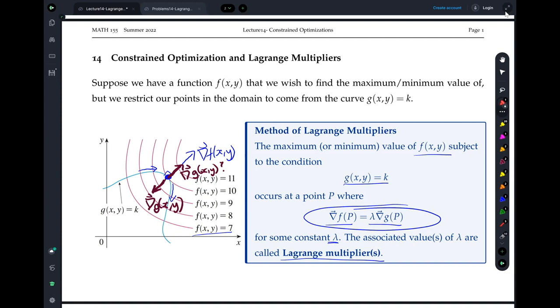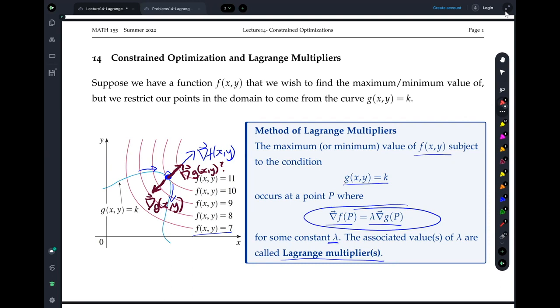In other words, this is just because your constraint curve is tangent to your level curves, and we know that our gradient function is perpendicular to our level curves. So that means that the gradient for our f and our gradient for our g are going to be parallel or anti-parallel. So it can be anti-parallel because there's no reason why they necessarily have to be pointing in the same direction, but they could be pointing in the same direction.